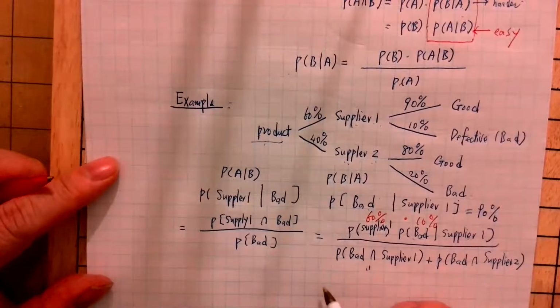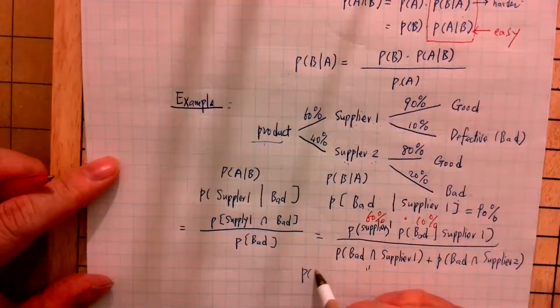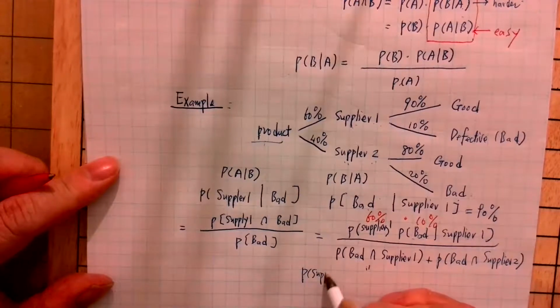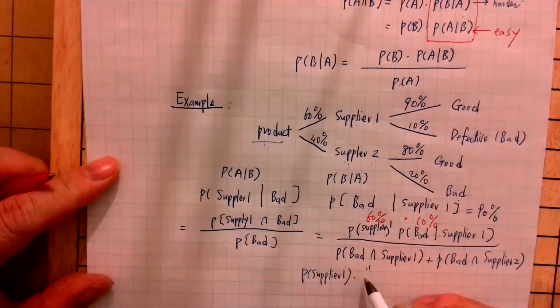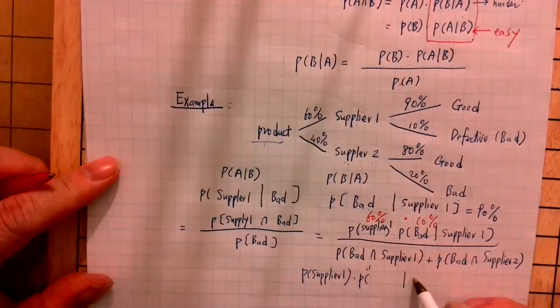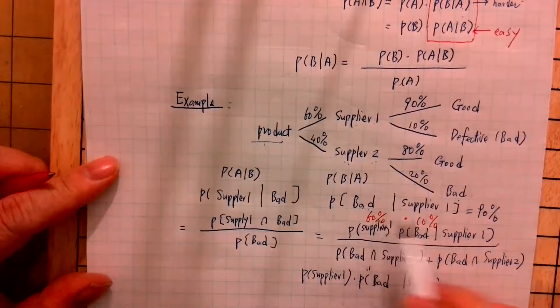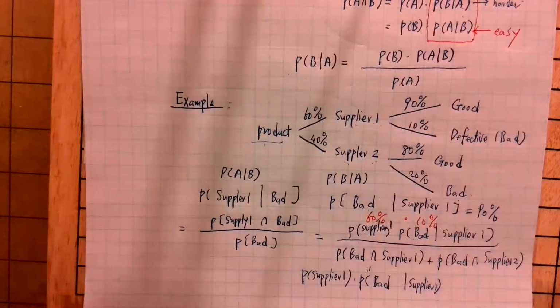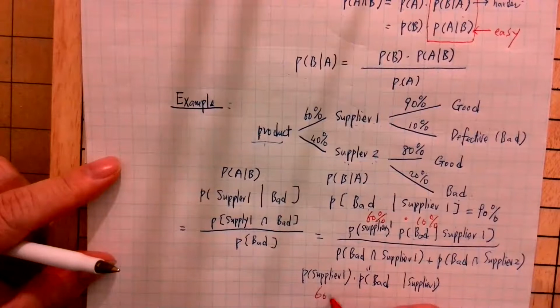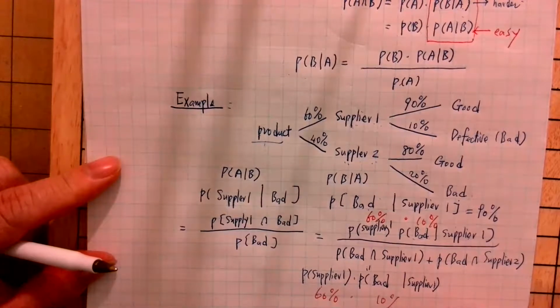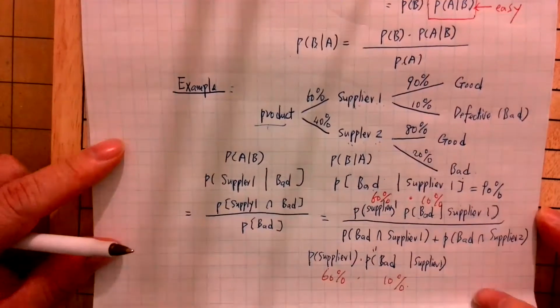This one can be written similarly: supplier one times, given this is from supplier one, this is bad. So the same probabilities, you just copy them down.